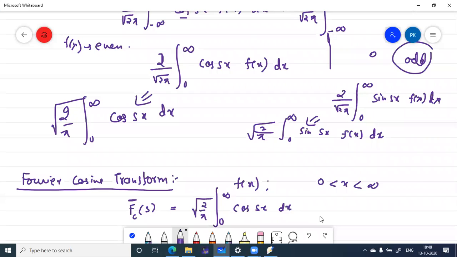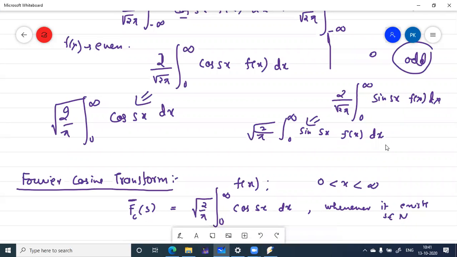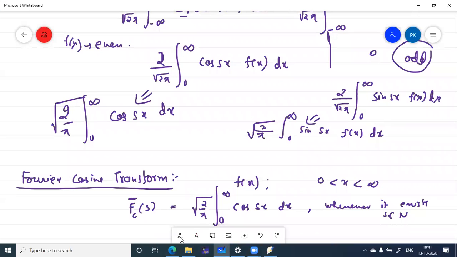The condition here is whenever it exists. So this is my Fourier cosine transform.